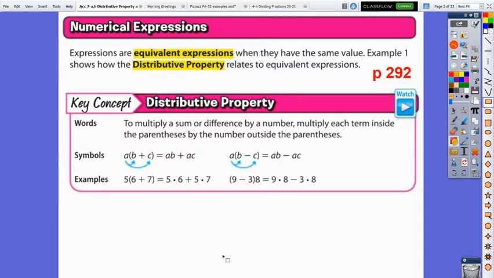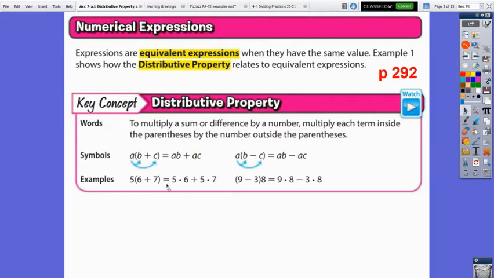So if we are talking just with numbers, two expressions like 5 times parentheses 6 plus 7 and 5 times 6 plus 5 times 7, these are equivalent expressions because they would be equal to the same number if you work these out, which we'll do here in a second. Okay, so these two examples show you how the distributive property relates to equivalent expressions.